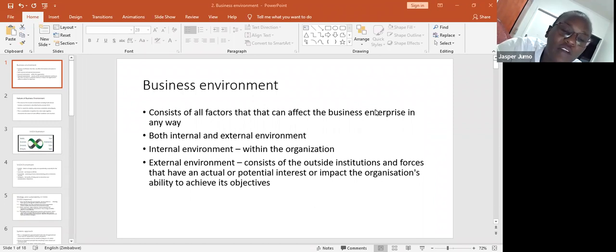When it's internal, we are talking of those factors which are inside your organization. And then when we talk of external environment, we are talking of the outside forces or factors that can have an impact on your organization or on how your organization can achieve its objectives.